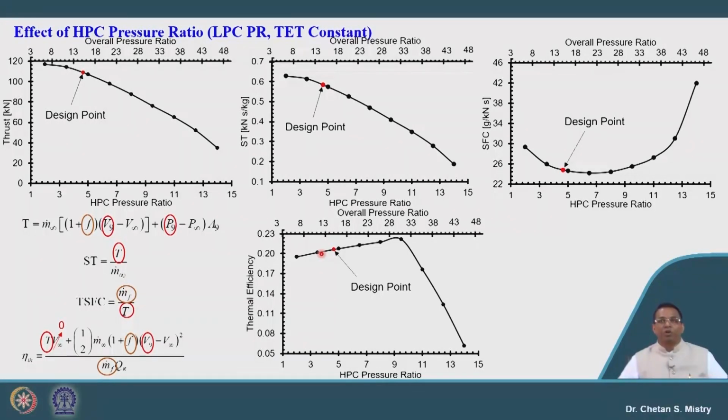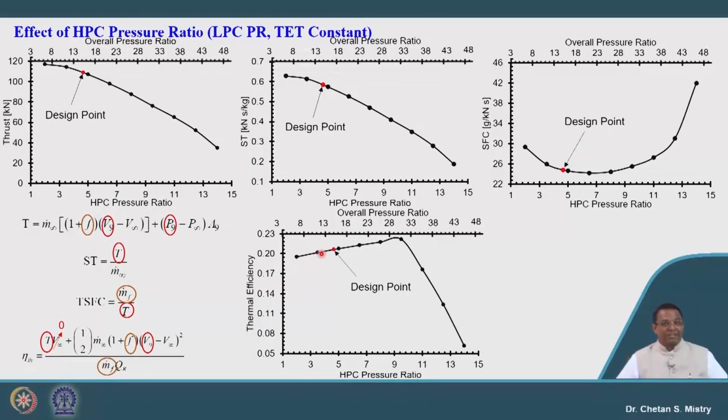Now, let us try to realize the important parameters. We have two important parameters for our cycle. One is thrust specific fuel consumption, and the second is my thermal efficiency, because we want specific fuel consumption to be lower and thermal efficiency to be higher. Okay.